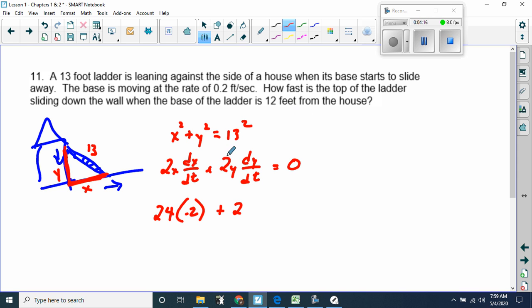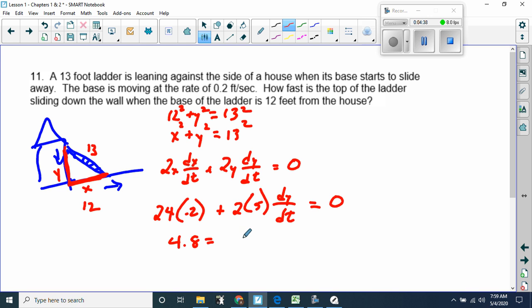So what we can do is plug 12 in for x and solve for y. You'll find that y is 5. And then solve for dy dt. That's a plus.